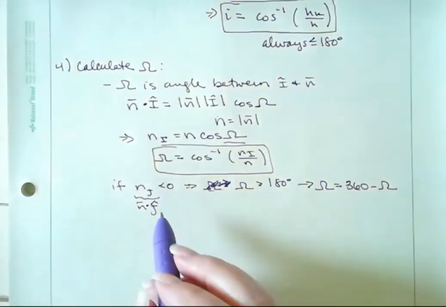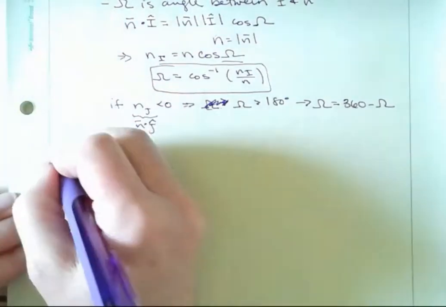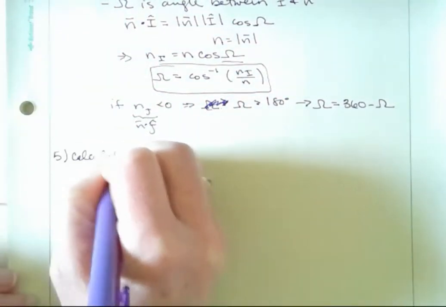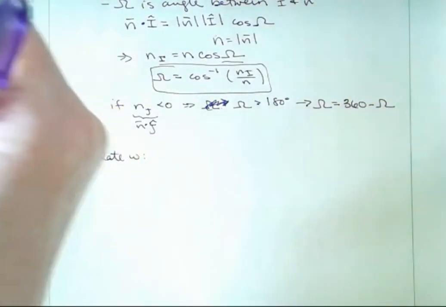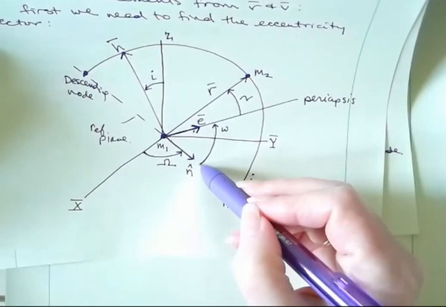All right, so now we have capital omega, and next let's find little omega. Little omega is going to be your argument of periapsis. If we look at this picture again, our argument of periapsis is right here.